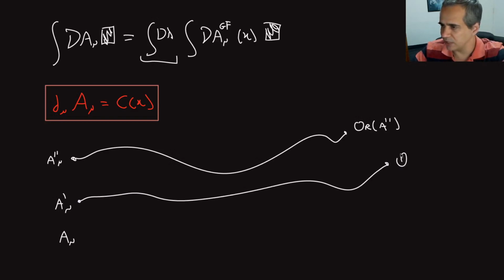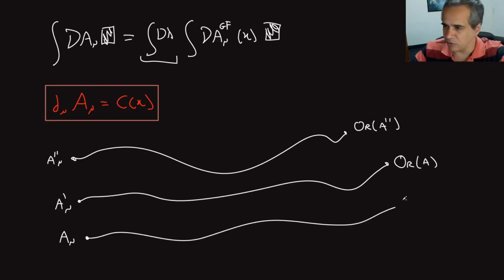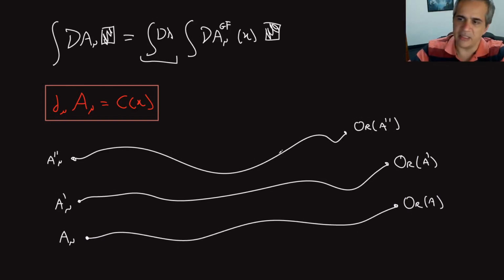So this set is the orbit of A, and this guy is the orbit of A prime and orbit of A, right? And if these orbits don't cross, these guys are really inequivalent, right? There's no gauge transformation that takes one into the other.